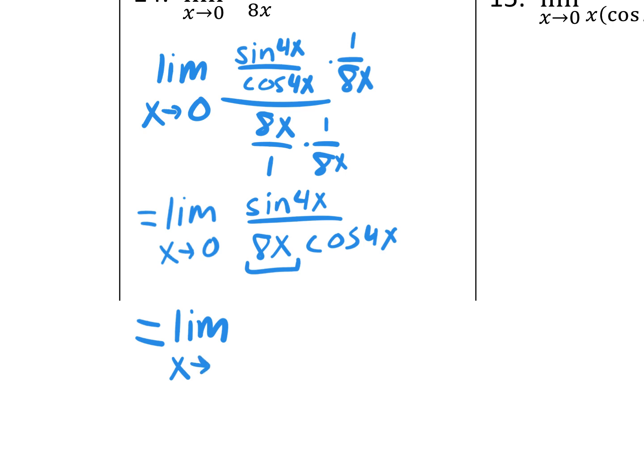So this is going to be the limit as x approaches 0. Sine of 4x we keep the same. The 8x is the same as 2 times 4x. All right, do you guys agree? I didn't really change the value of it at all. I just split it up so that I can see the property. Times cosine of 4x.